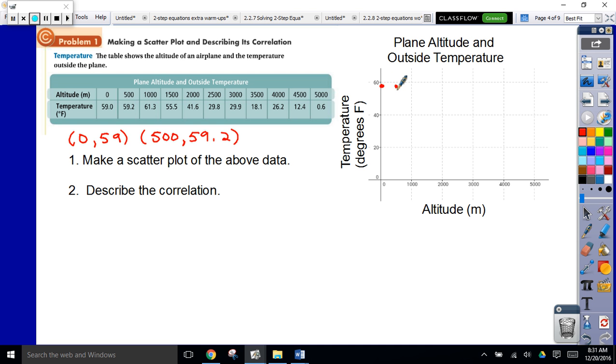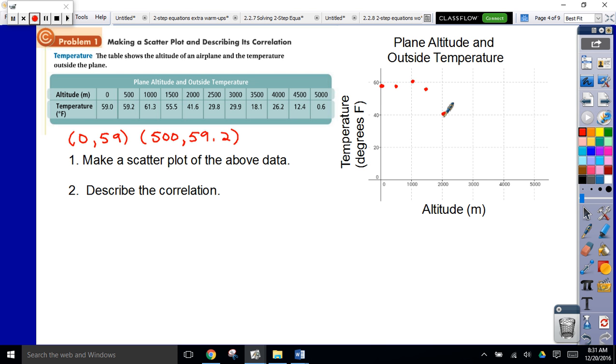Next point would be 1,061.3, so that would be a little bit above 60. Next point is 1,500, and it's 55.5, so that's going to be probably there maybe. 2,000 goes with 41.6. That's going to be close to the 40 here.